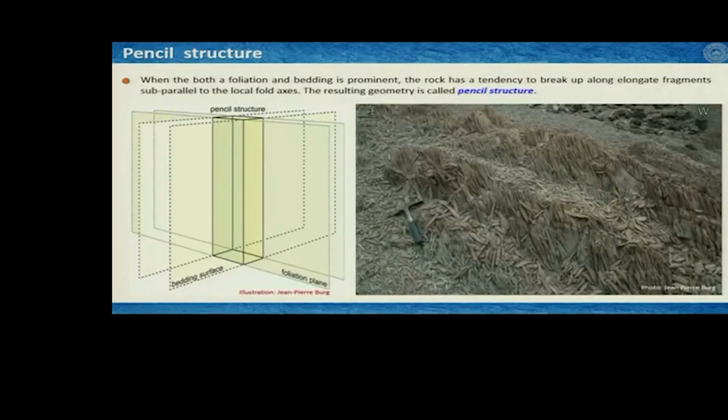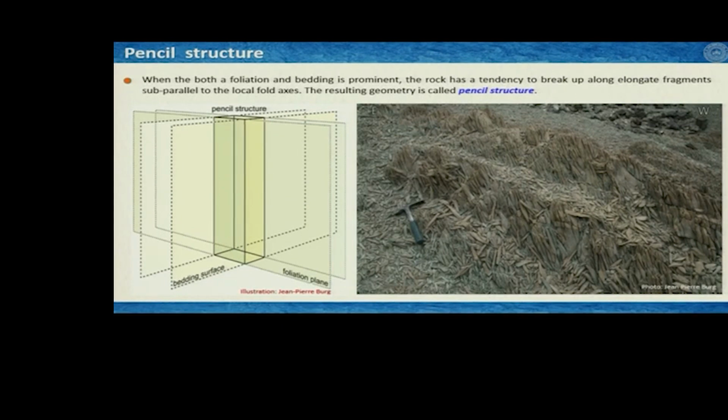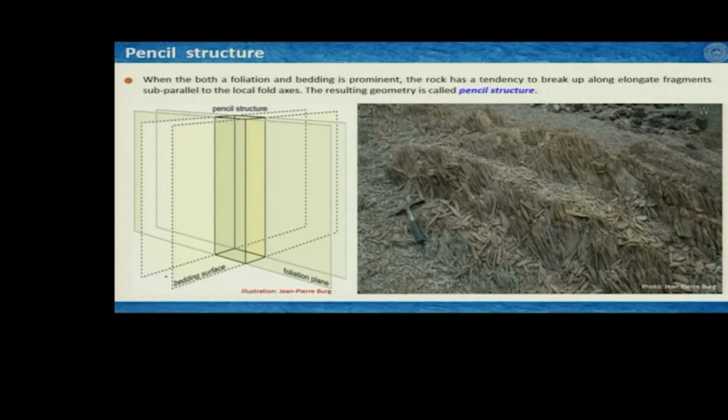Now, if this intersection lineation between bedding plane and the cleavage is very intense or very prominent, then what happens? Then you tend to break them up along some elongated fragments. As you can see here, you have bedding surface, this one, and then you have foliation plane, this one.